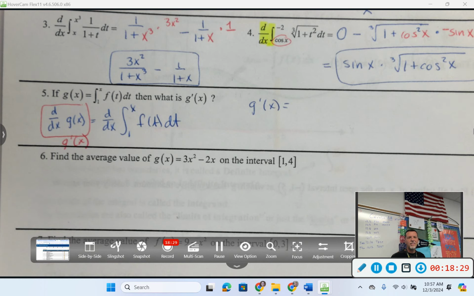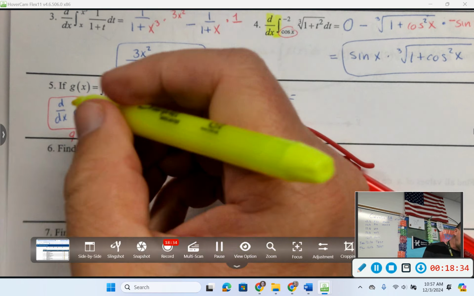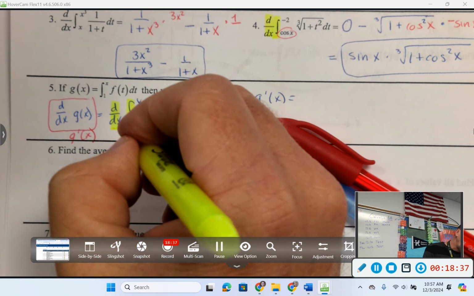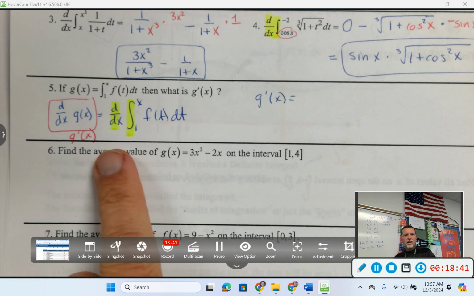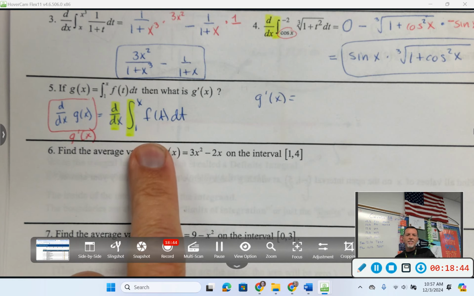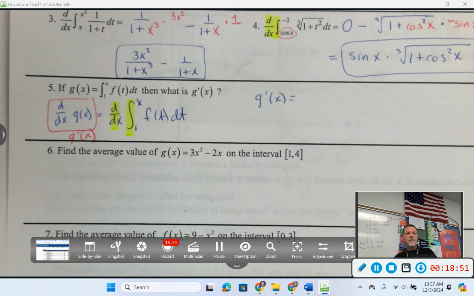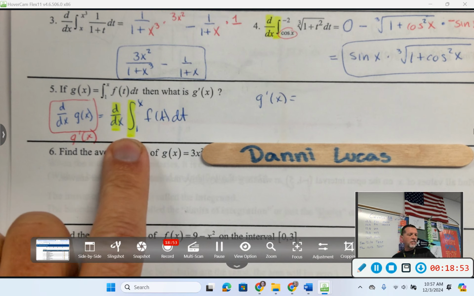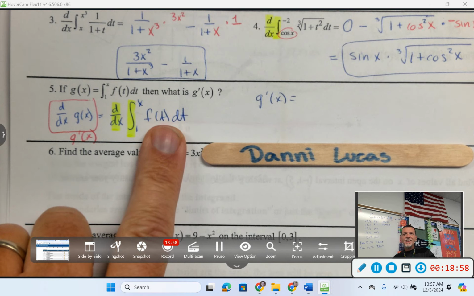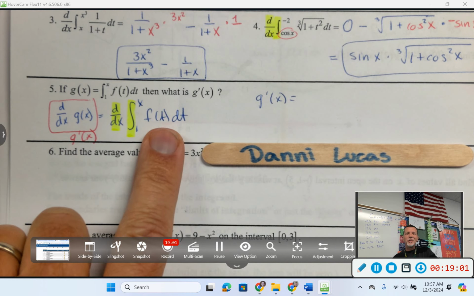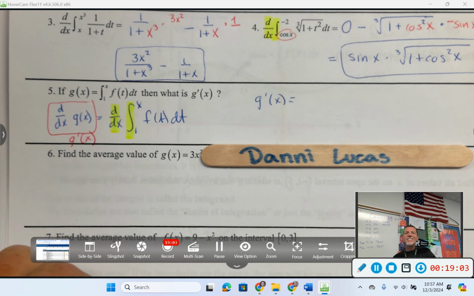And now this actually kind of turned into an easy problem, because now I'm trying to take the derivative of the antiderivative of f of t. So what does the right hand side of this equation become? Danny, what's the derivative of the antiderivative from 1 to x of f of t? That's a lot of words. What's the right hand side turn into?